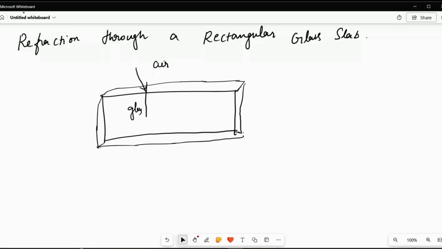So whether it bends towards the normal or away from the normal: it is going from rarer to denser, so it moves towards the normal. Correct. Okay, it moves towards the normal.